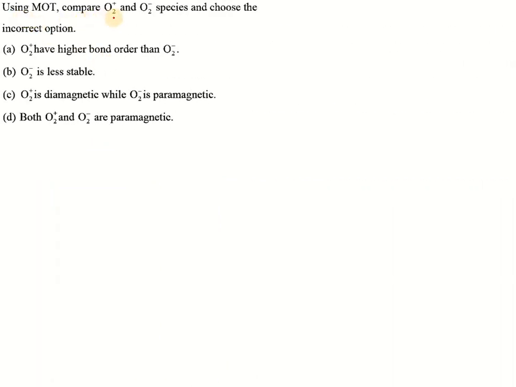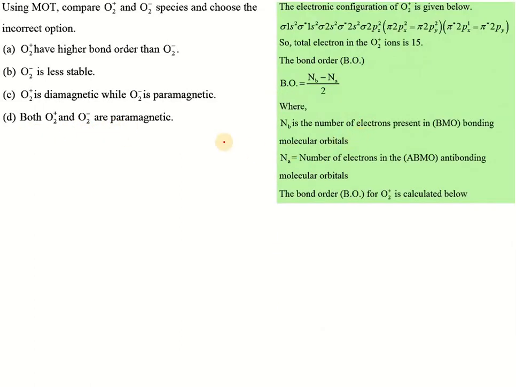Using MOT, compare O2+ and O2− species and choose the incorrect option. Okay, we have: O2+ has higher bond order than O2−; O2− is less stable; O2+ is diamagnetic while O2− is paramagnetic; both O2+ and O2− are paramagnetic. To know all these things, we have to see MOT theory.